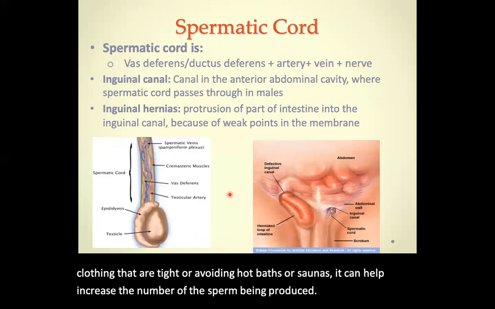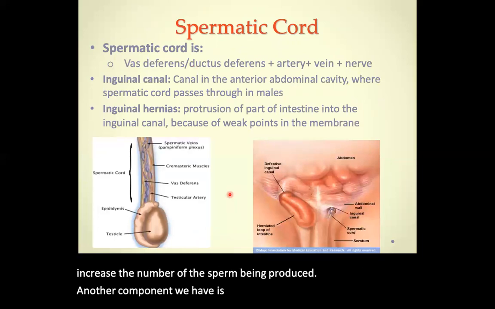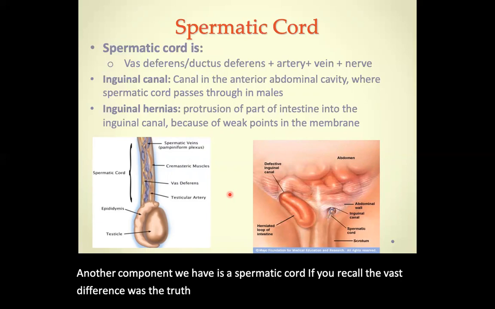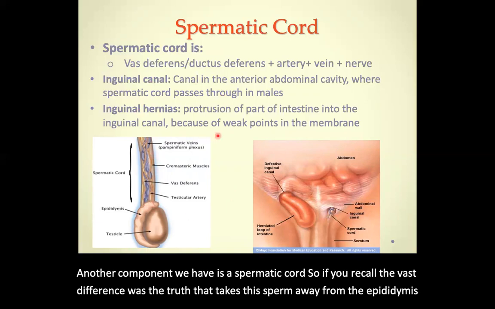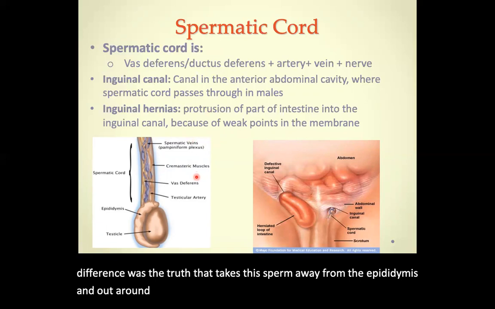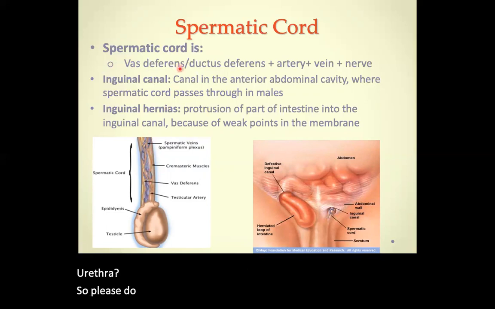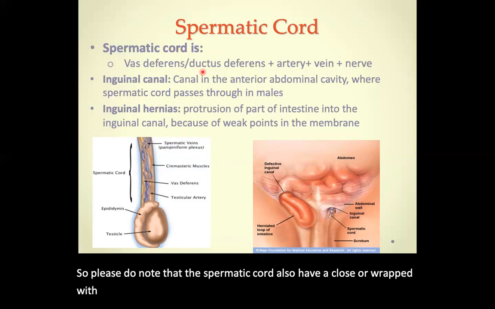Another component we have is the spermatic cord. If you recall, the vas deferens was the tube that takes the sperm away from the epididymis and out around the bladder, and continues to the ejaculatory duct and the urethra. Please do note that the spermatic cord is also wrapped with the vas deferens, or ductus deferens.